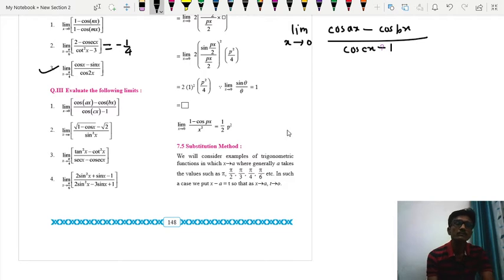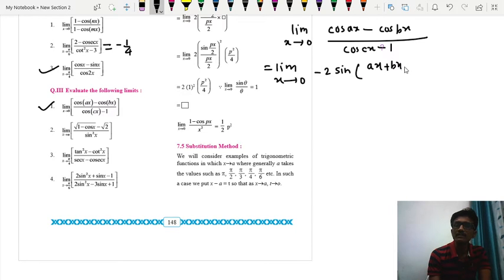We attempt this question. In this question we have to use the factorization formula. Limit x tends to 0. Cos c minus cos d is equal to minus 2 sin (c plus d) upon 2 into sin (c minus d) upon 2, that is (a plus b)x upon 2 and (a minus b)x upon 2.